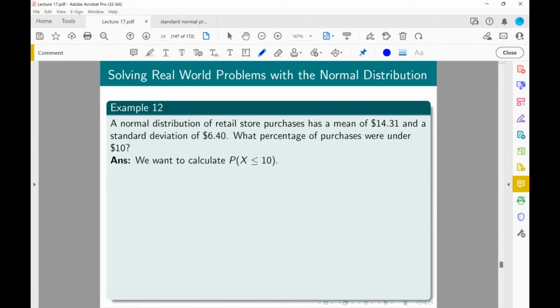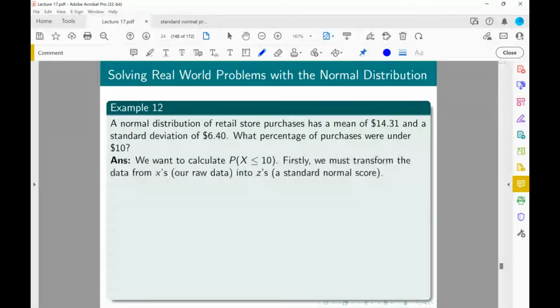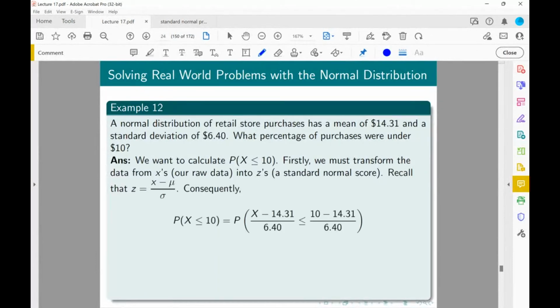It's non-standard, so we need to standardize to Z scores, and then we can use our tables. We standardize by subtracting off the mean and dividing through by the standard deviation. So that's our formula. Really, this condition is the same as this condition. The difference is that the left-hand side is now standard normally distributed, and the right-hand side is the Z score we want to compute against.